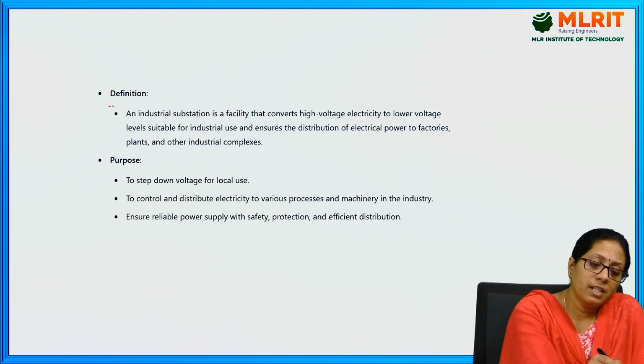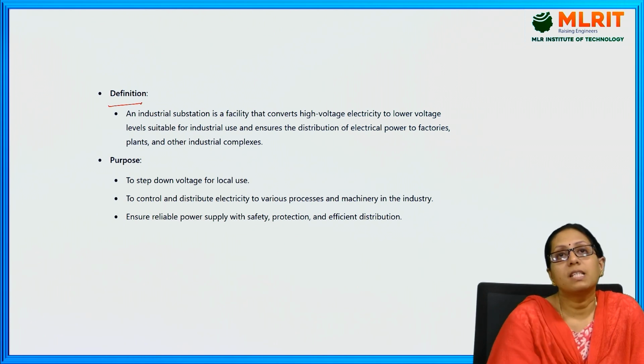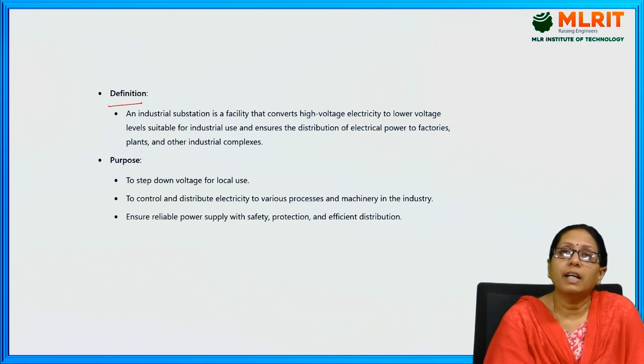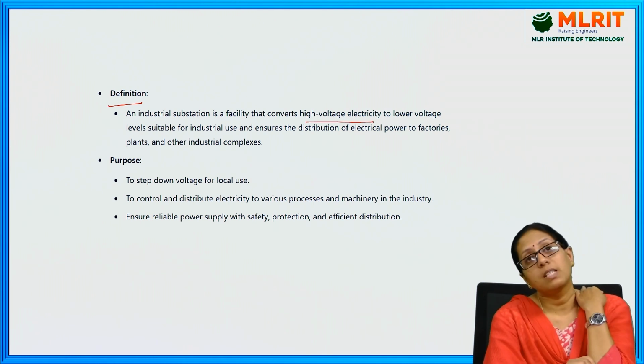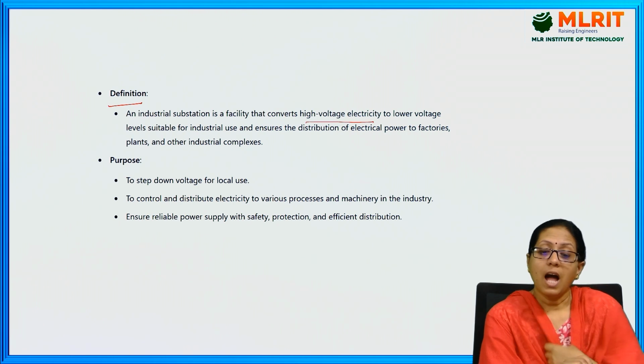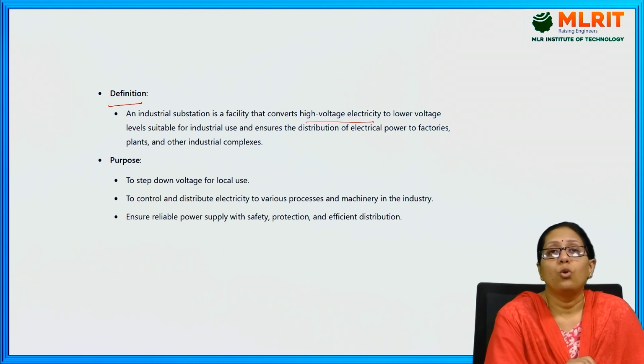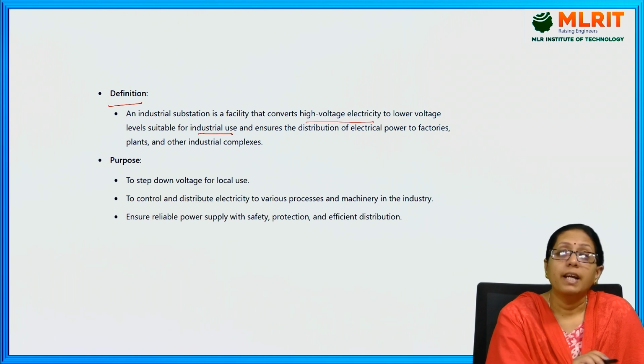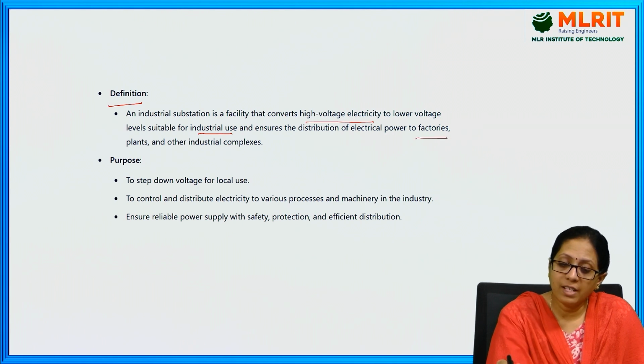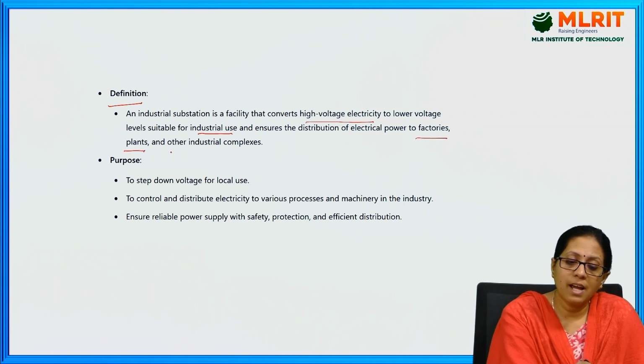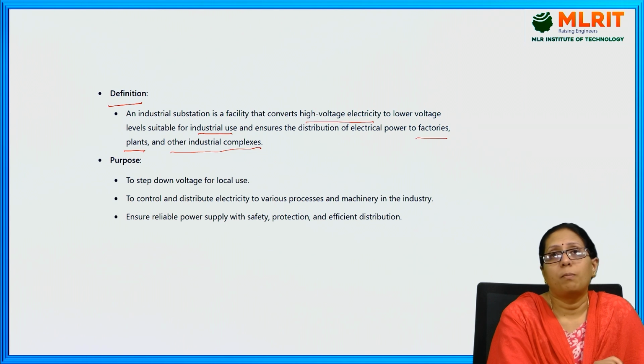Here we can see the definition. An industrial substation is a facility that converts high voltage electricity to low voltage levels. Industrial substation means it converts the high voltage electricity to low voltage levels, which is suitable for that particular industrial use and ensures the distribution of electrical power to factories as well as plants and other industrial complexes.